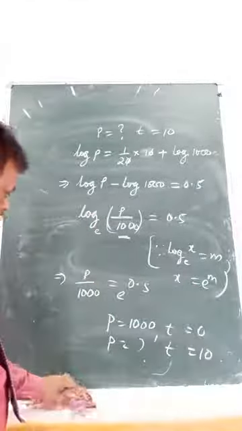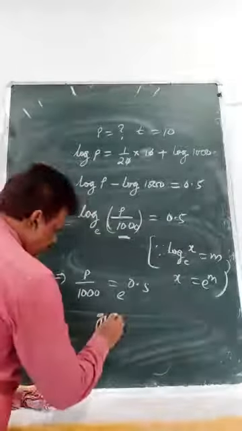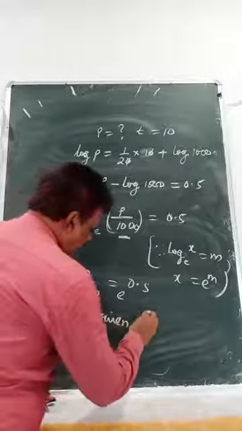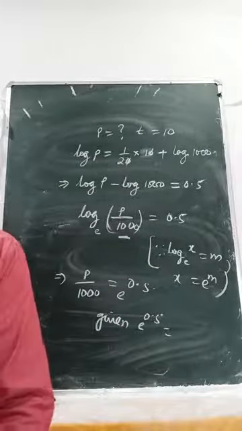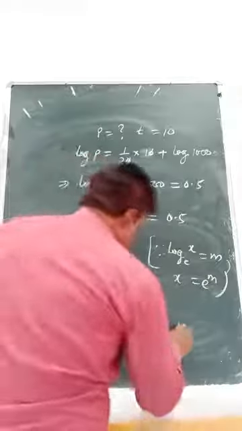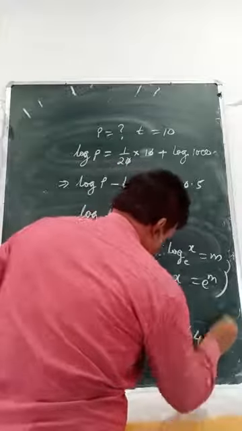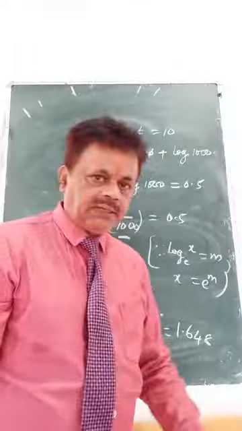So e to the power 0.5 is given as how much? Given e to the power 0.5 equals 1.648. So here what do I have to write? 1.648.